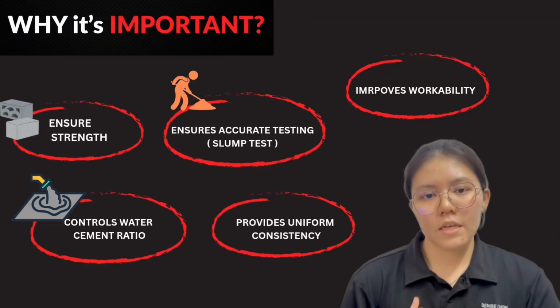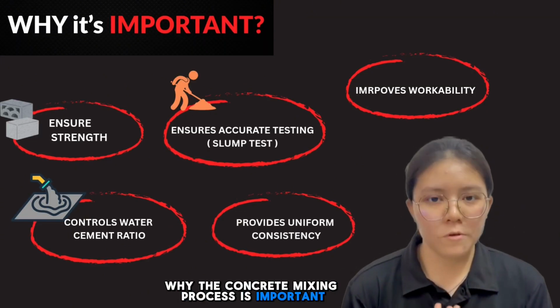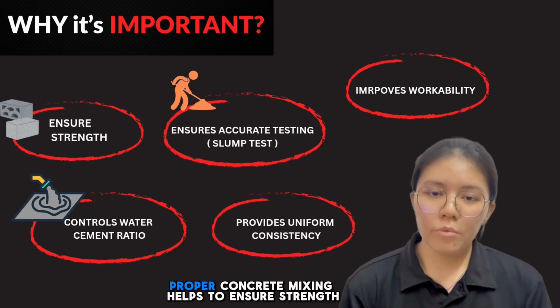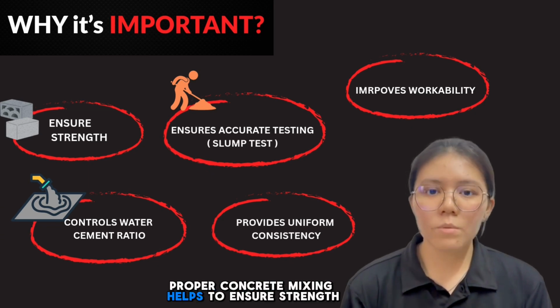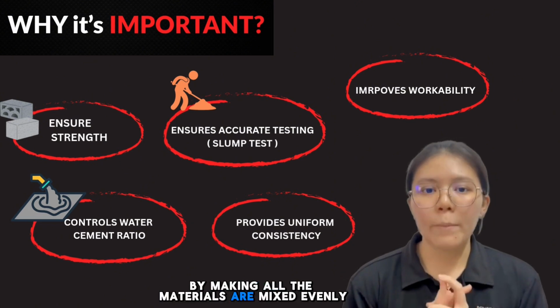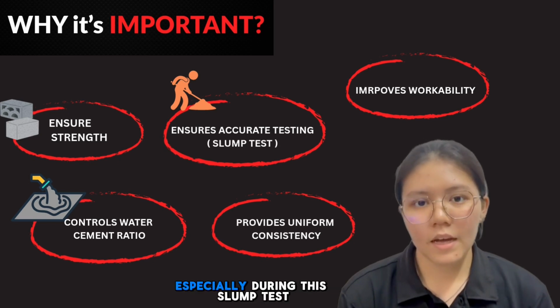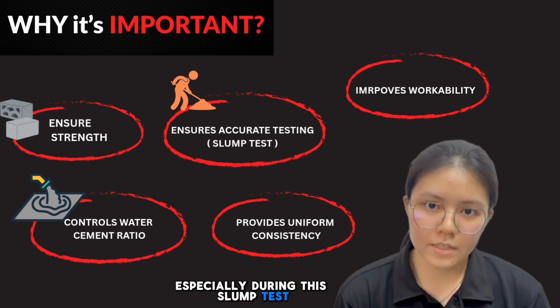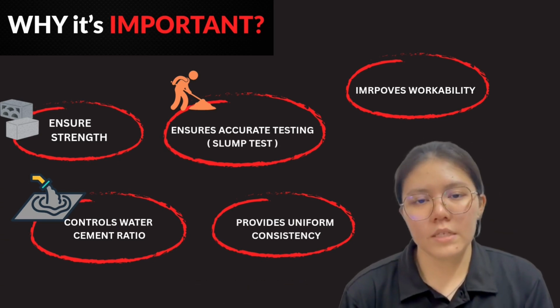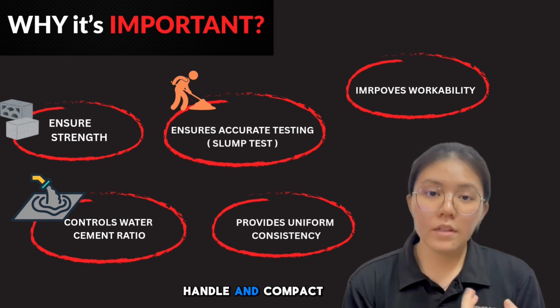Next, I will explain why the concrete mixing process is important. First, proper concrete mixing helps to ensure strength by making sure all the materials are mixed evenly. Second, it ensures accurate testing, especially during the slump test. Third, it improves workability, making the concrete easier to place, handle, and compact.